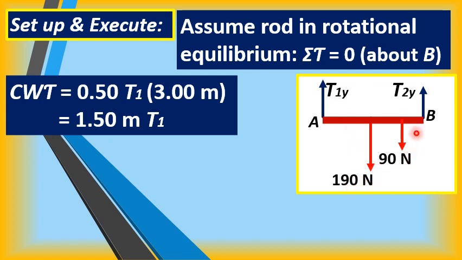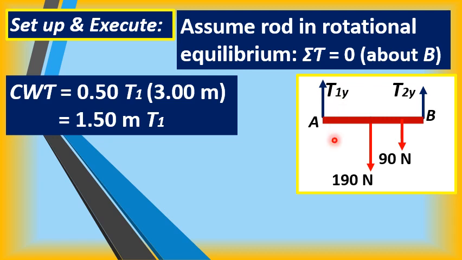So in my first equation, I have here the torque that will make the rod rotate clockwise, and that is due to the effect of T sub 1y.